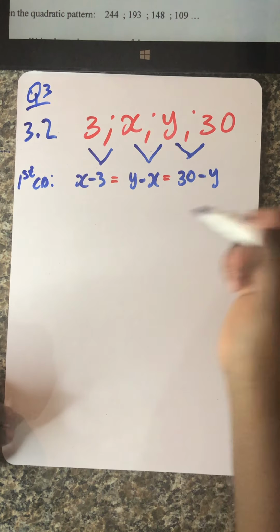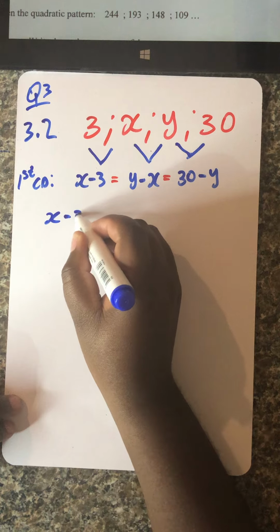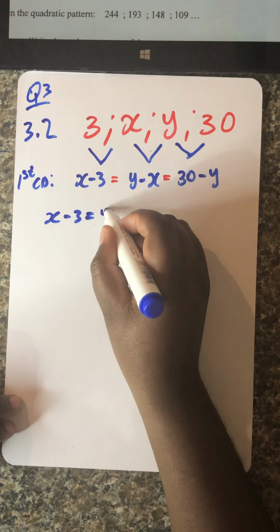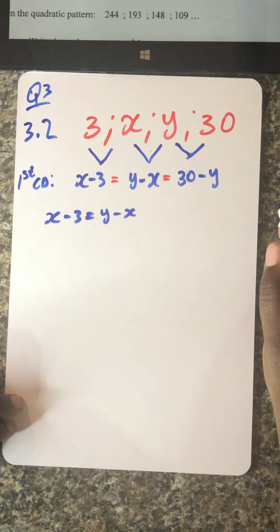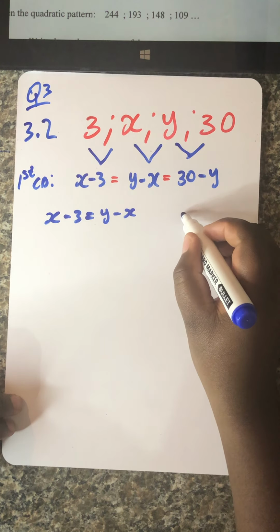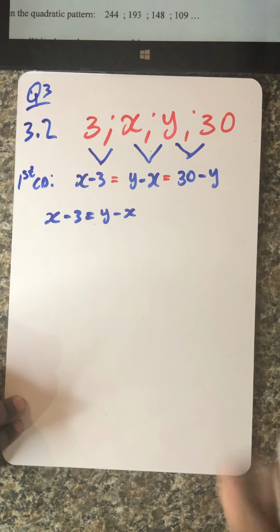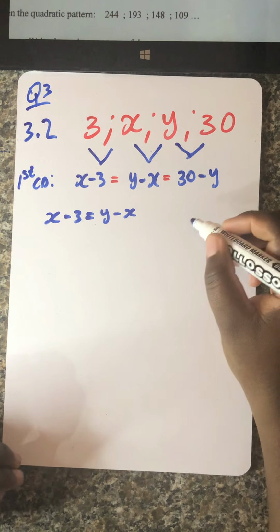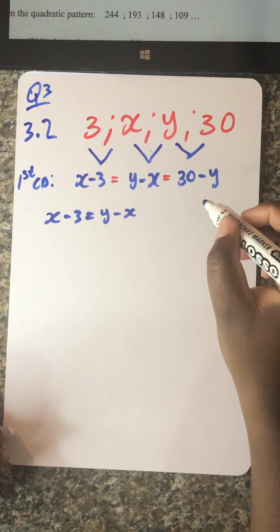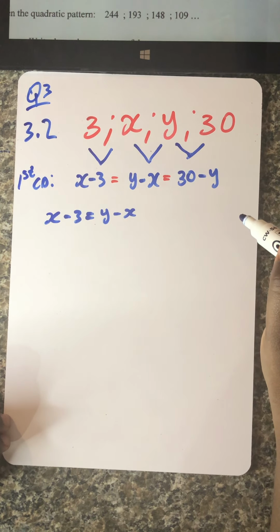Let's just quickly check something. So x minus 3 is equal to y minus x. And again, y minus x is equal to 30 minus y.